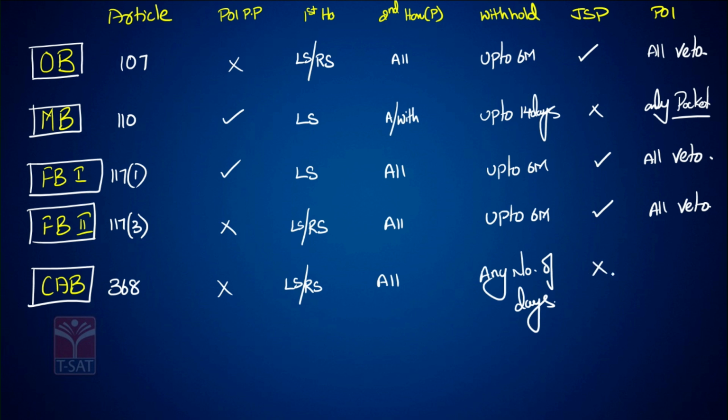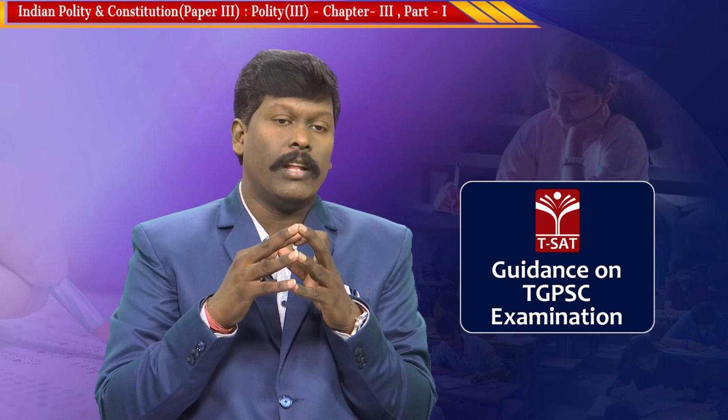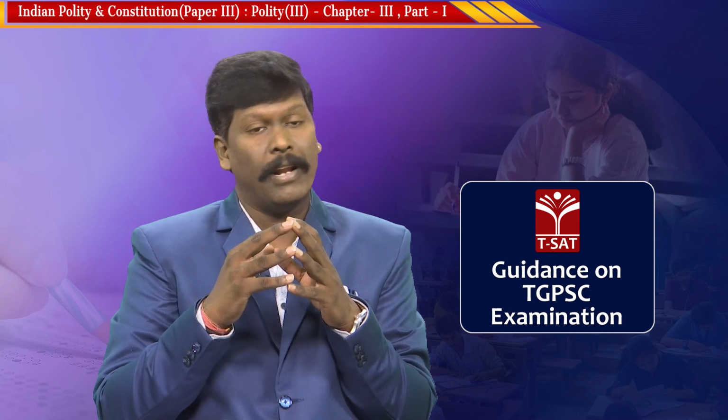There is no concept of joint sitting of the Parliament. No veto powers. The 24th Constitutional Amendment Act of 1971 made it so that the President cannot utilize any veto powers on constitutional amendment bills.